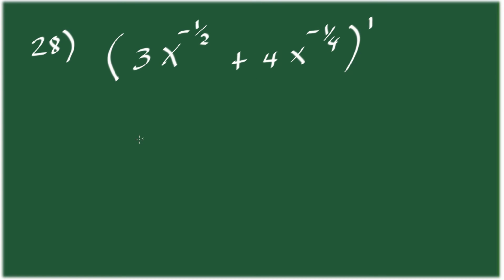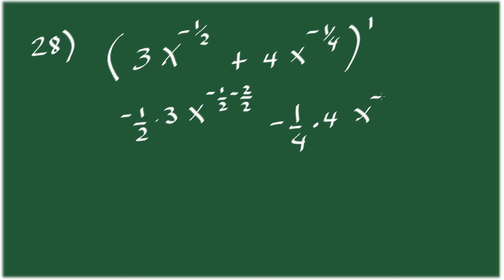So the derivative is equal to what? Negative 1/2 times 3, x to the negative 1/2 minus 1, which is minus 2 over 2. Okay, and then negative 1/4 times 4, x to the negative 1/4 minus 1, minus 4 over 4.